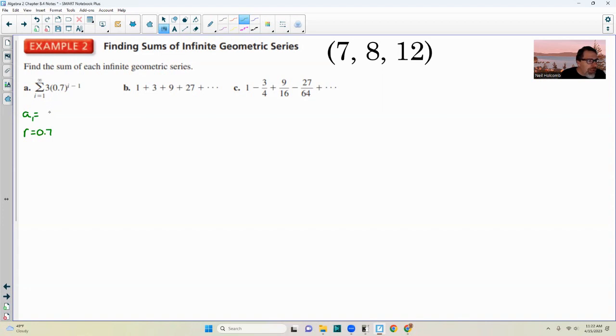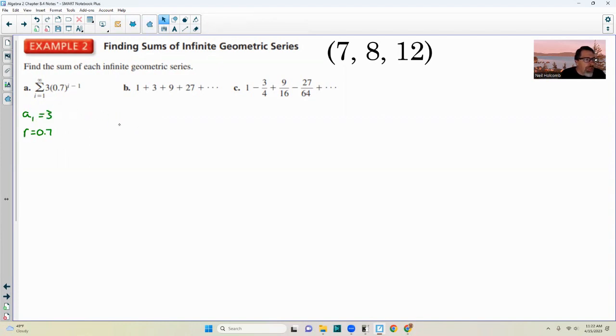So you would say a sub 1 equals 3 times 0.7 to the, and then i is 1 for the first term, and then subtract 1. Well, that's going to equal 3 times 0.7 to the 0. Well, 0.7 to the 0 is 1. 3 times 1 is 3. Okay, so now let me just erase this and move this over. So a sub 1 is 3.